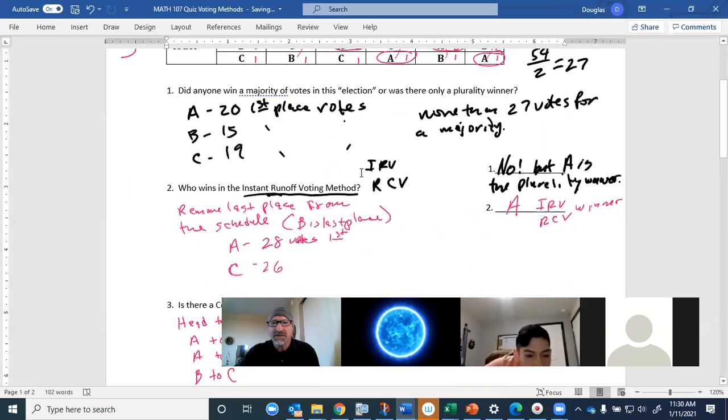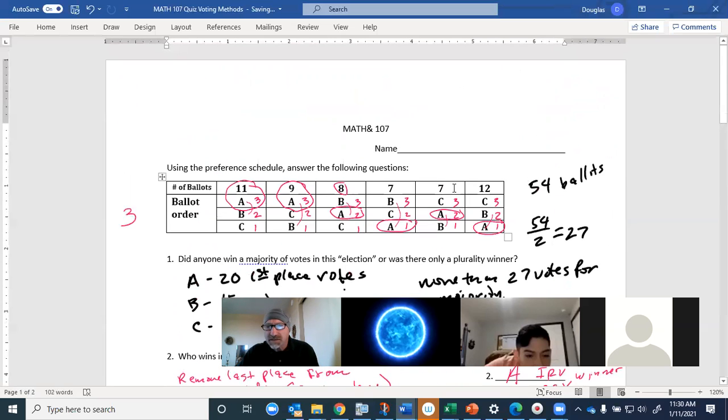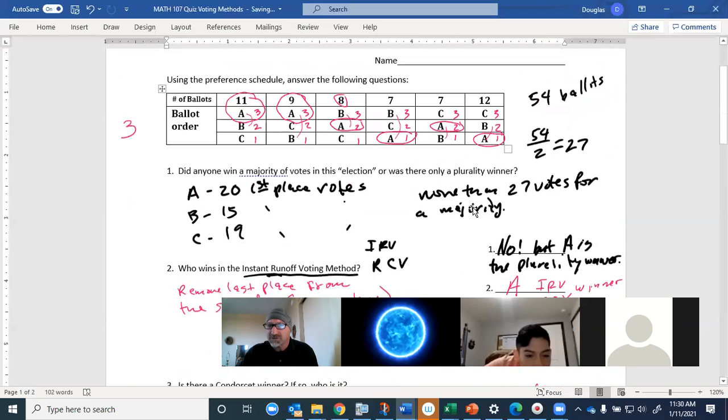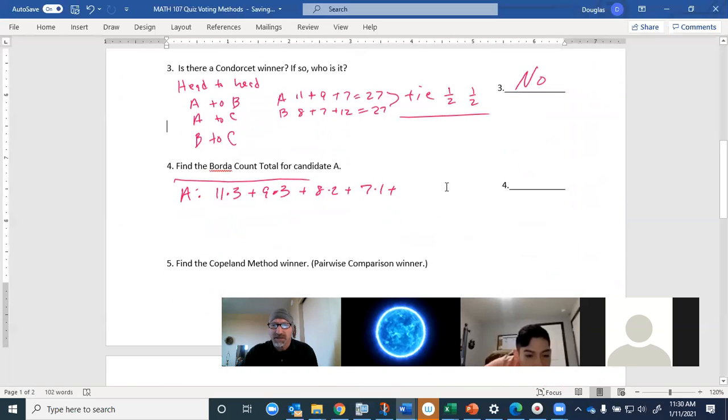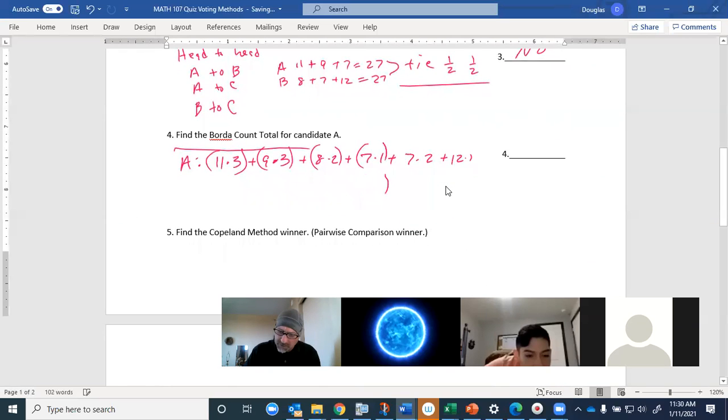And then 7 second place and 12 third place votes. So I'll go 7 times 2 and 12 times 1. We'll multiply every ballot you get points for.